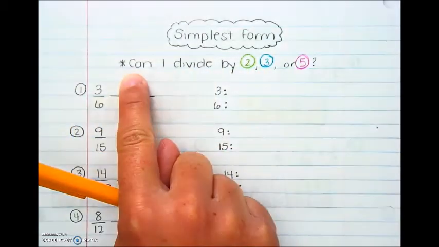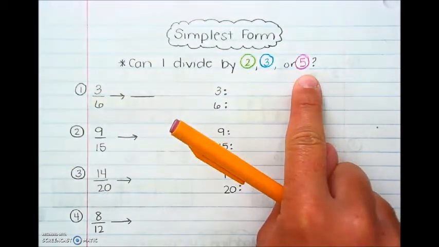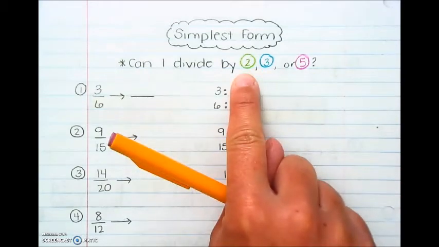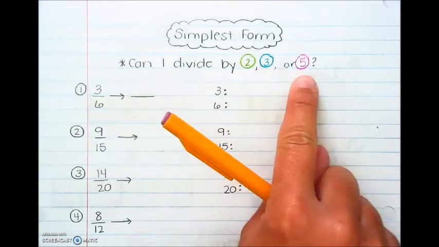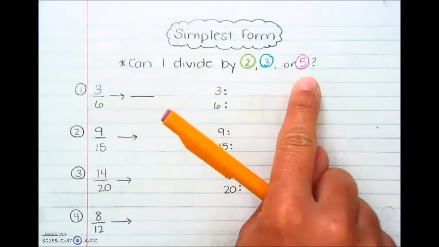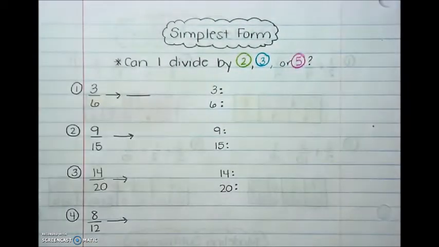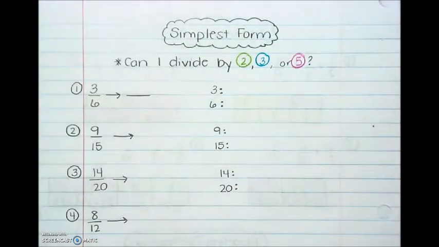Ask yourself, can you divide both the numerator and the denominator by 2, 3, or 5? Most of the time, in examples that you'll see, you'll be able to divide by 2, 3, or 5, or some combination of those. So let's take a look and use that strategy as well as the greatest common factor strategy to show you how to do this.